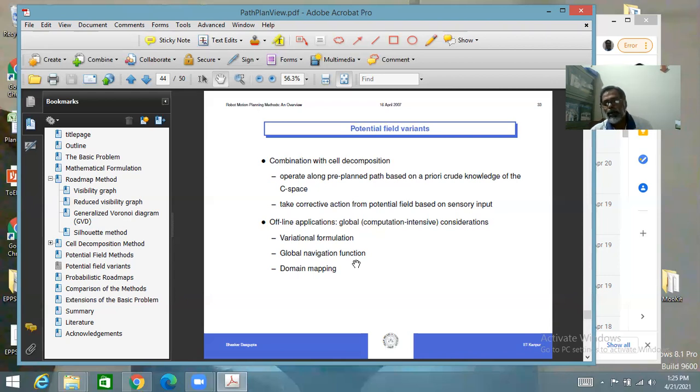This is what we did in another kind of work. And the third approach says that based on this kind of activity, by solving a potential function, we are actually designing a potential function which has a minimum at one point and maxima at the boundaries.